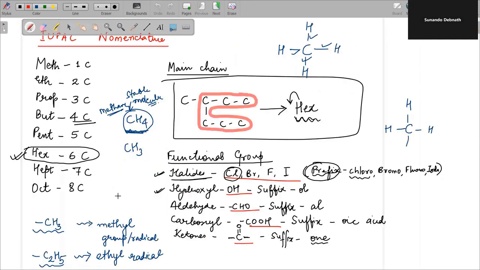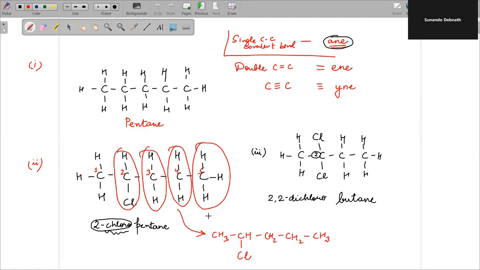Okay, now you may wonder, sir, you had said CH3 is methyl, so why aren't we adding the word methyl in the IUPAC name? It is because if the CH3 is included in the main chain, we would not call it methyl.